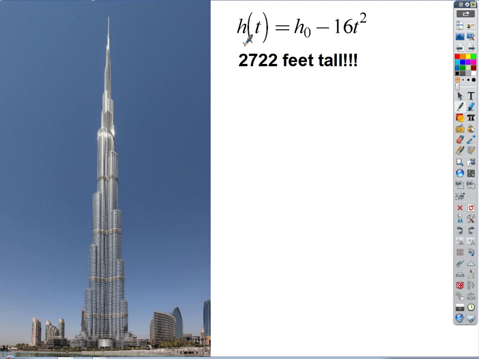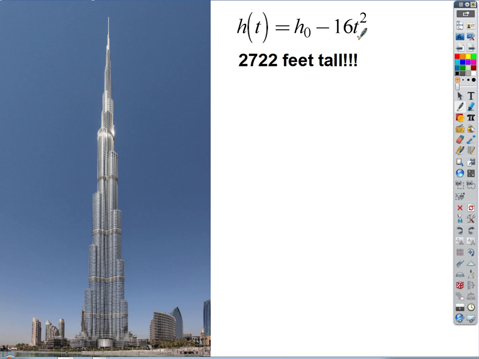So this is the formula if we're using feet, which we don't like to do, but if we're using feet and seconds, this is the formula for an object's position as a function of time. This is the initial height, and t is time, right? So let's say we want to know how long it takes for something to hit the ground. What would the height at the ground be? 0.